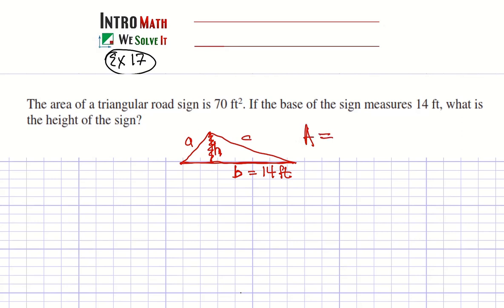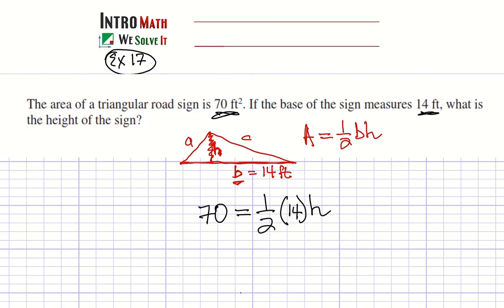It's half the base times height. You see that? Half the base right here times the height. This is the height right here. So then it's given that the area is 70 square foot and the base is that. So what they're saying is area 70 square foot is equal to half, what is the base? 14, times the height.